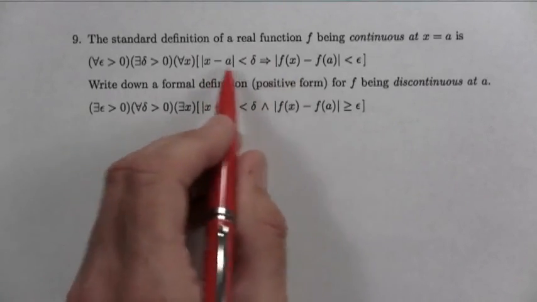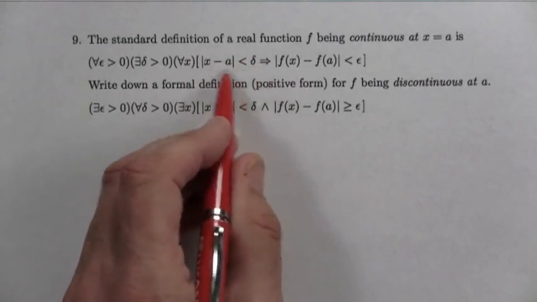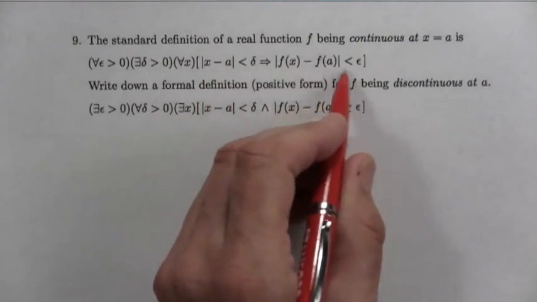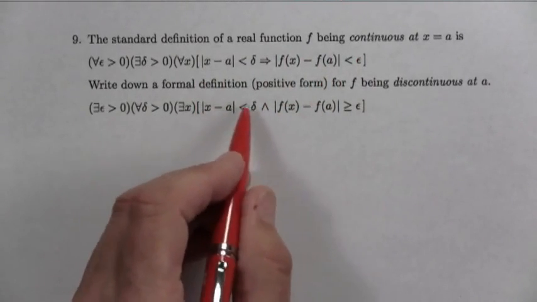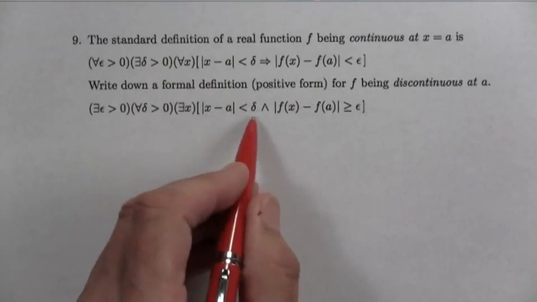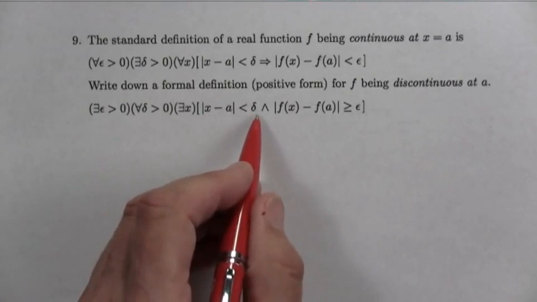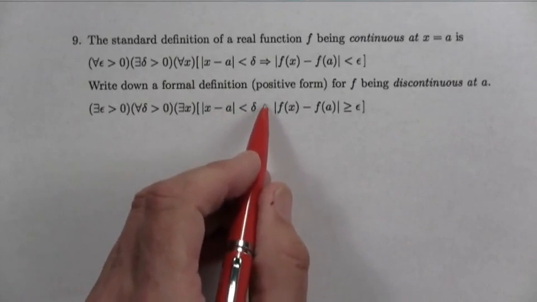This is a conditional, an implication, and so when you negate it, you get the antecedent conjoined with the negation of the consequent. So here's the antecedent. Again, I haven't put parentheses around that because this is a mathematical statement, and that takes precedence over the conjunction or disjunction.